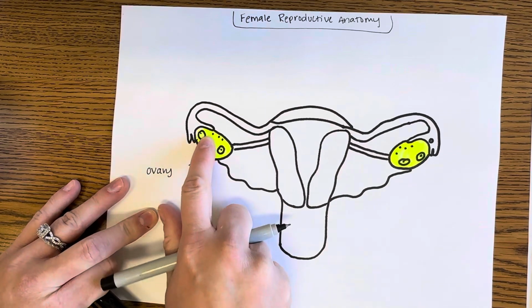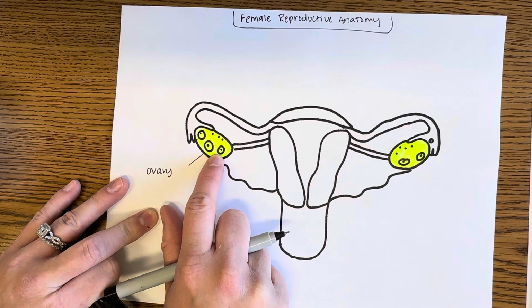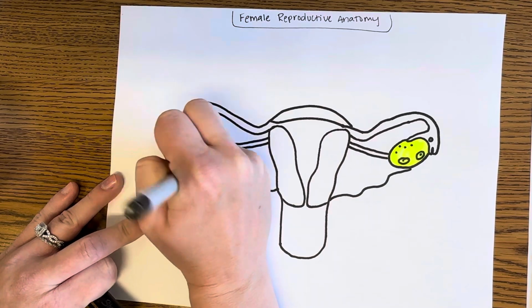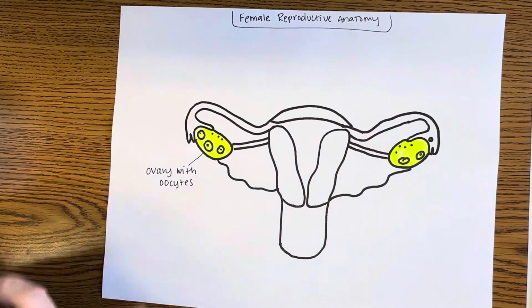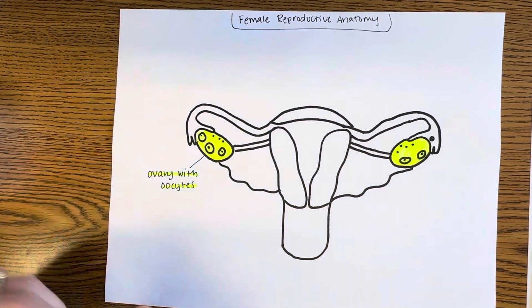And as you can see, it kind of contains all of these little dots and circles. Those represent oocytes or eggs at different stages. So we can say ovary with oocytes. And again, that's just the scientific term used for the egg.